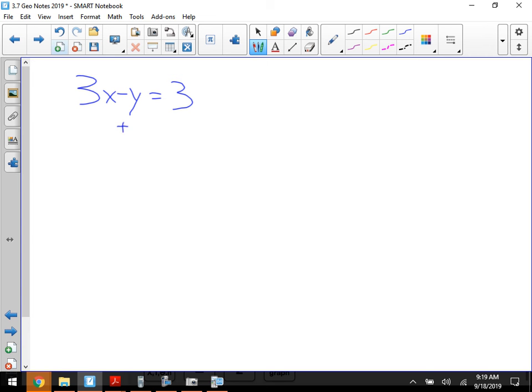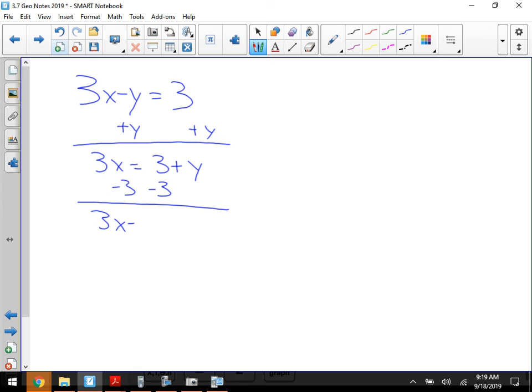We could add y to the other side. And then what would I do with that 3? Very good. I'd subtract it coming back. So I would wind up with 3x minus 3 is y.